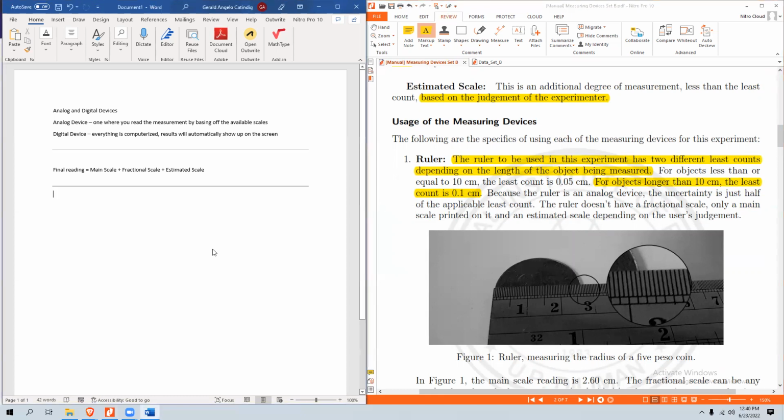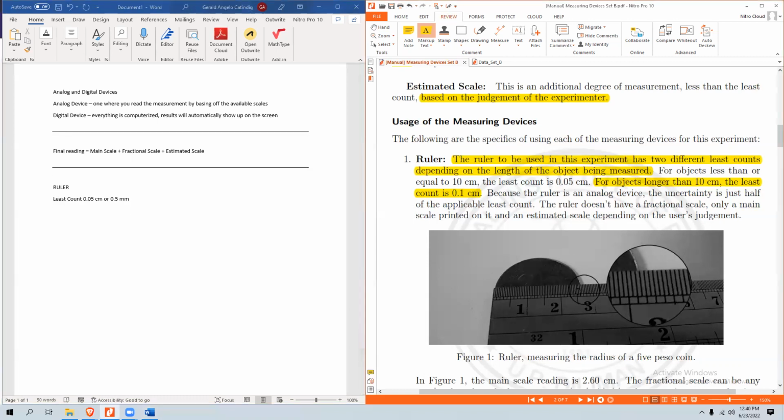So in this case, for a ruler, your uncertainty would be 0.05 cm or 0.5 millimeters. You can base this least count on these lines here. In a standard ruler, each large number denotes 1 centimeter, and these centimeters are further subdivided into 10 lines, which denote 1 millimeter each.